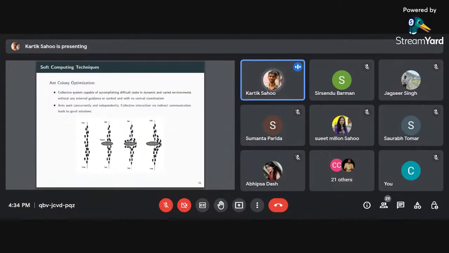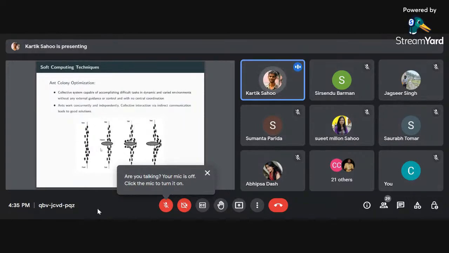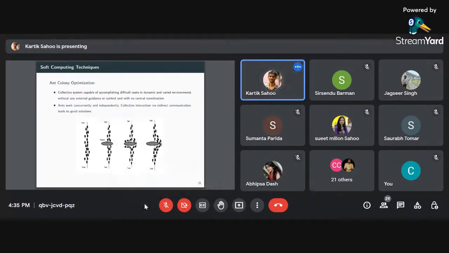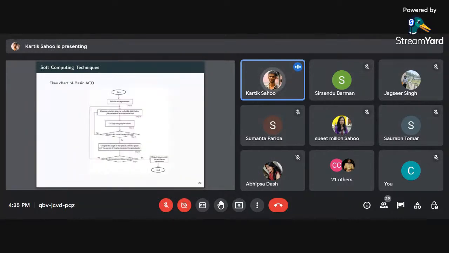It is cooperative or collective work done by all ants over a possible number of paths or solutions. They traverse all paths and finally find the shortest path. So this is what basic ACO looks like.